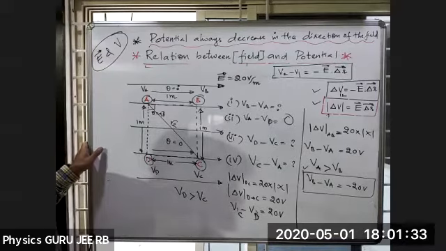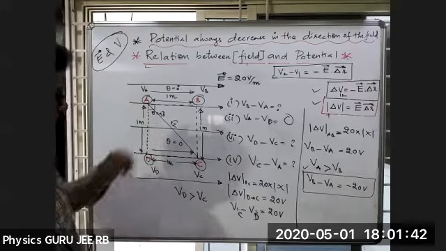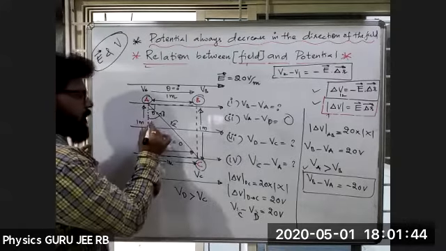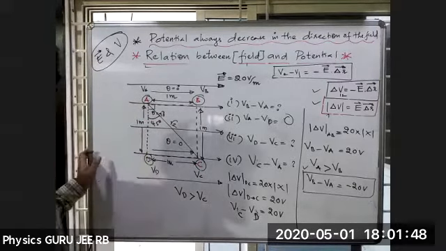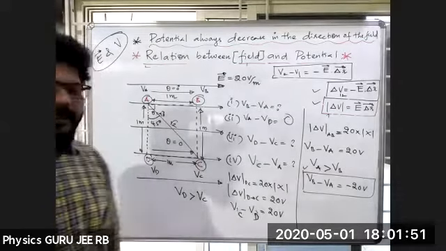Yes, tell me. 0. How is it 0? This one, 45 degrees. No, the angle is how much? 45 degrees. Yes or no? This will be 45 degrees.